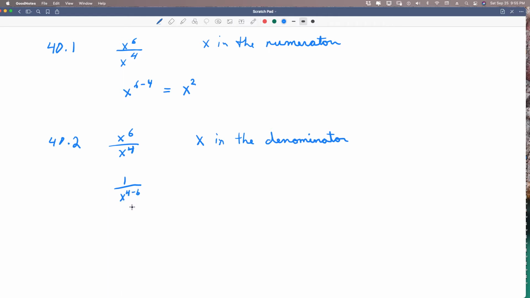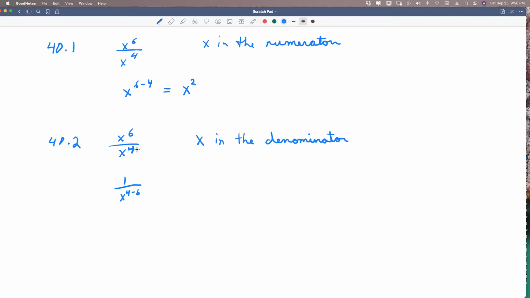Now if you need to remember which one is being subtracted, think of it like this. The one that already lives there is going to stay in front. That number stays there. And you are going to subtract the exponent that is moving.